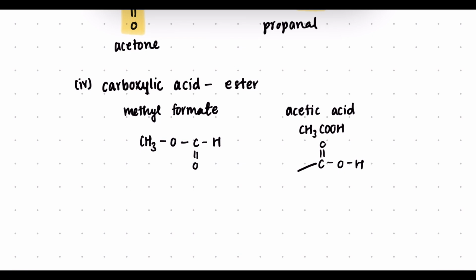Now, if you check the molecular formula, it's the same for both because they both have 2 carbons. They both have 4 hydrogens, and they both have 2 oxygens. So their molecular formula is C2H4O2.